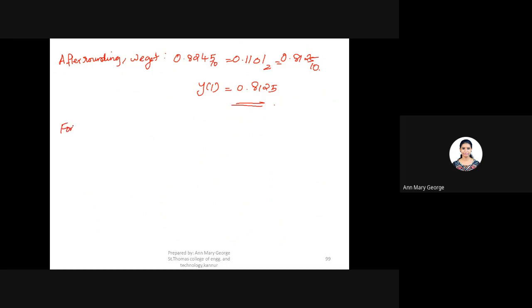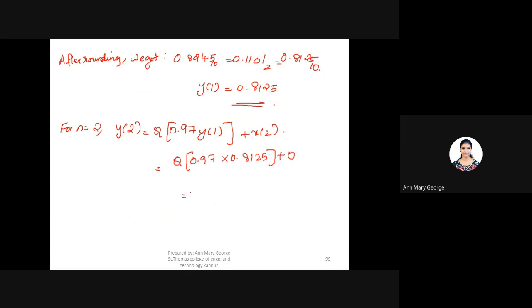And for n equal to 2, y of 2 will be equal to q of 0.97 y of 1 plus x of 2, which will be equal to q of 0.97 into 0.8125 plus 0, and hence this will be q of 0.788125.